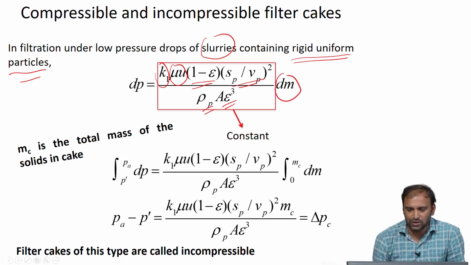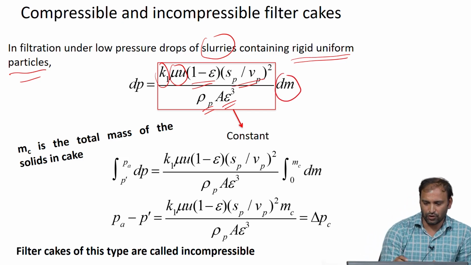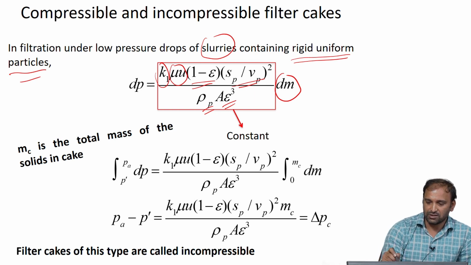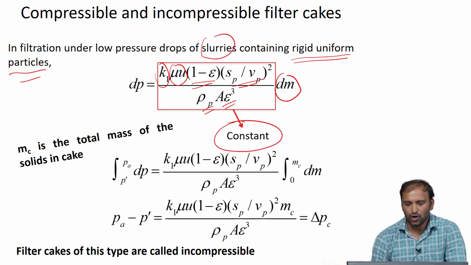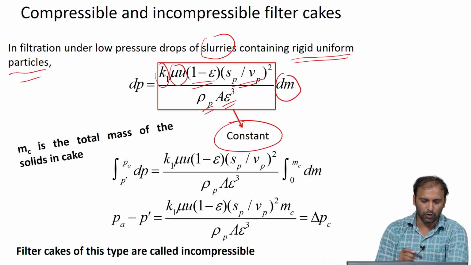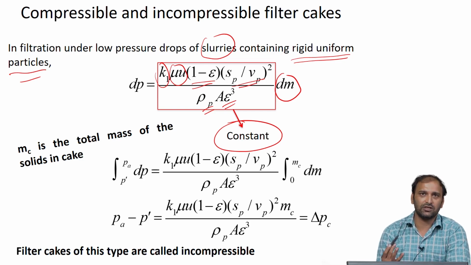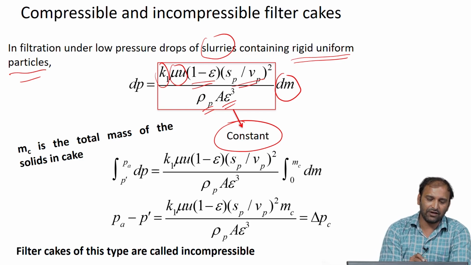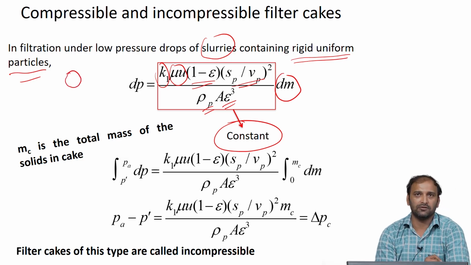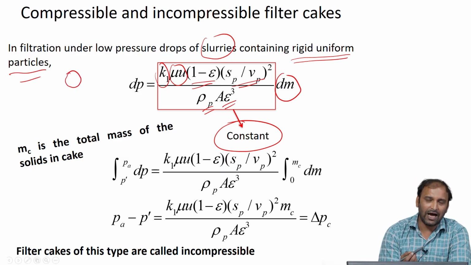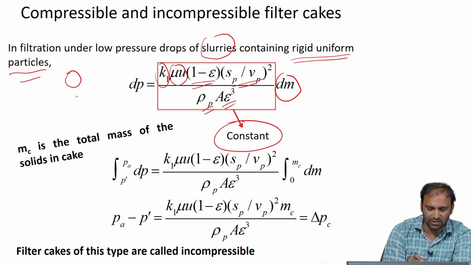And you could ask under what conditions each of the parameters that I'm mentioning as constants could vary. You can consider several cases. One example could be a filtration process in which, instead of rigid particles constituting the slurry, I have emulsion droplets, which are essentially liquid droplets.